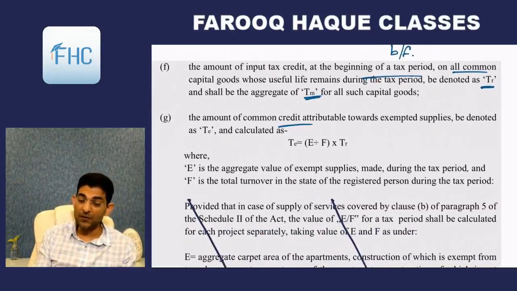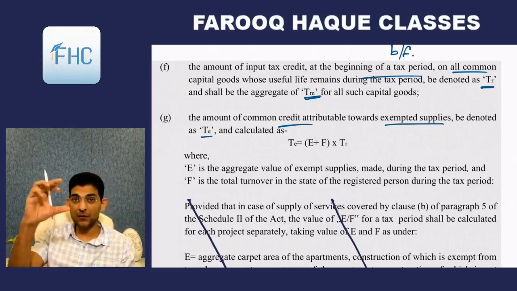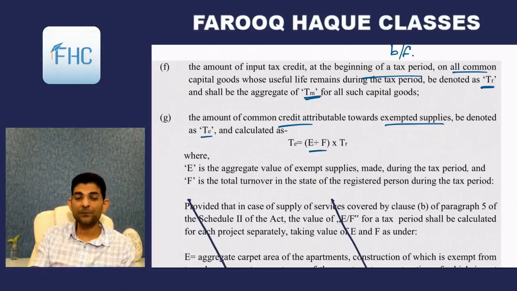Now the amount of common credit attributable towards exempt supplies for this month be denoted as TE, E for exempt, and calculated as TR, the total, into E upon F. Exempt supply divided by total supply. And E and F are similar to rule 42.